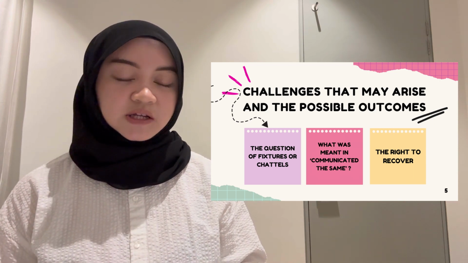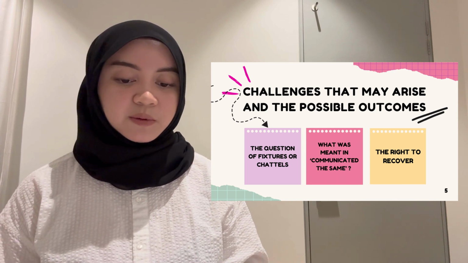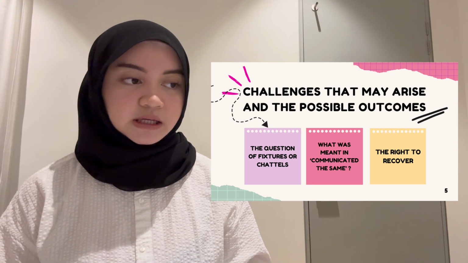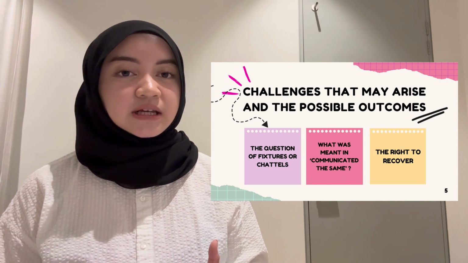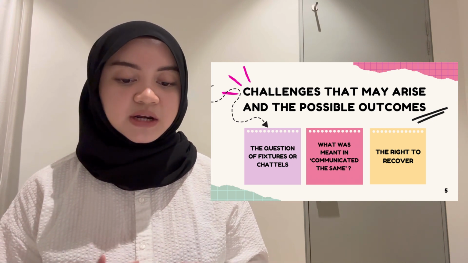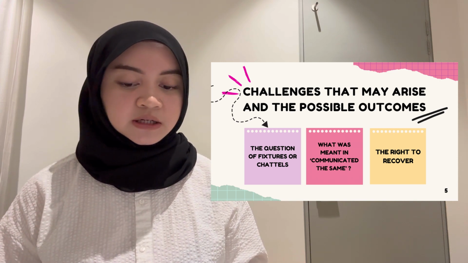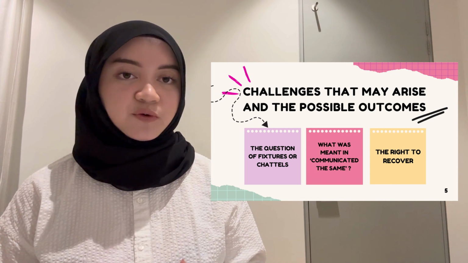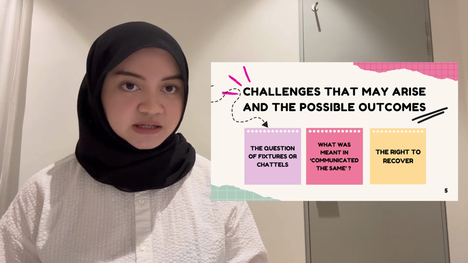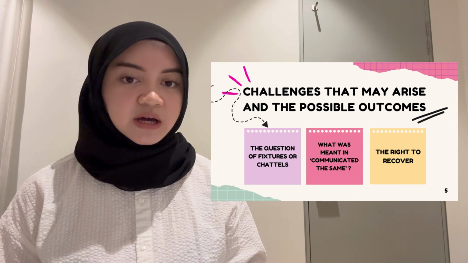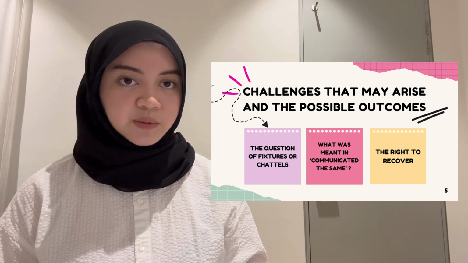Hence, the paintings and sculptures may form part of the property if we were to measure the degree and the purpose of annexation. Secondly, what was meant in communicated the same? When he says that he had communicated the same with Brenda, what exactly was communicated between both parties? This would be questioned by the courts to see if the matter of paintings and sculptures was ever further discussed as Abraham made the purchase, although the items were not stated in the sale and purchase agreement.